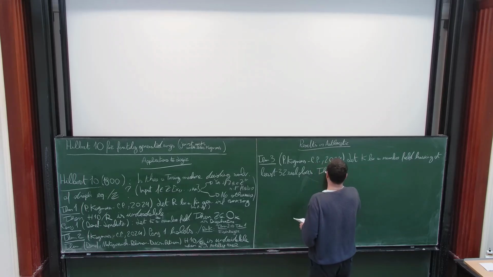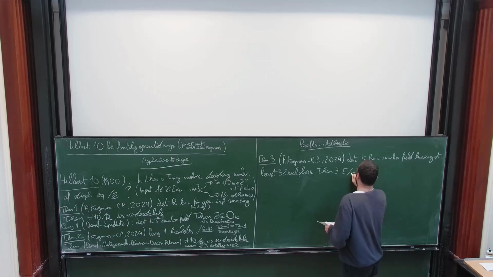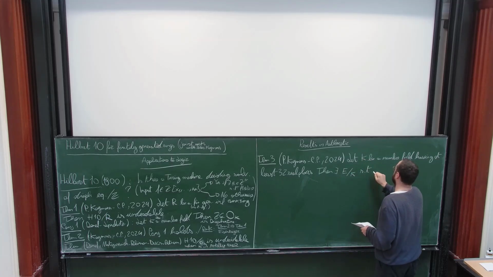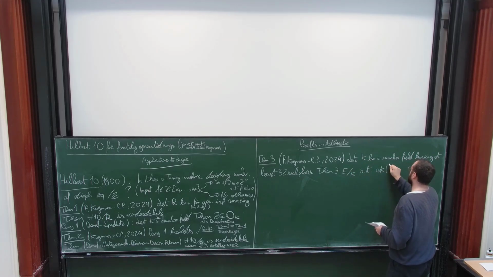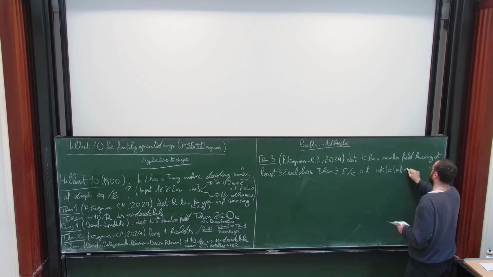Then there exists an elliptic curve E over K such that the rank of E over K is equal to the rank of E over K(i), where i is the root of -1, and they are both positive.